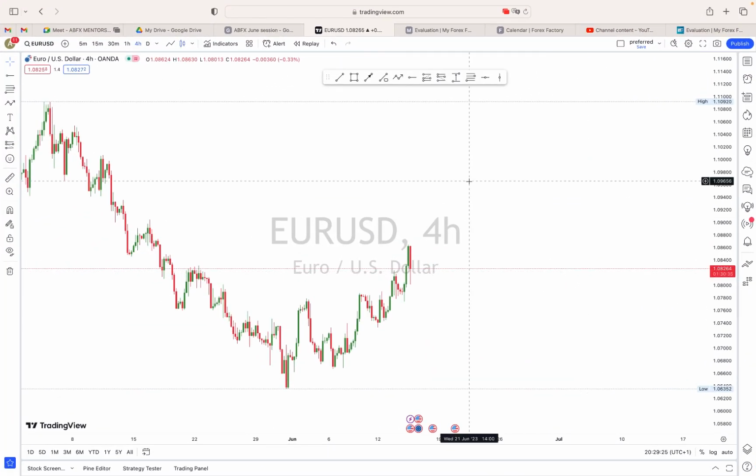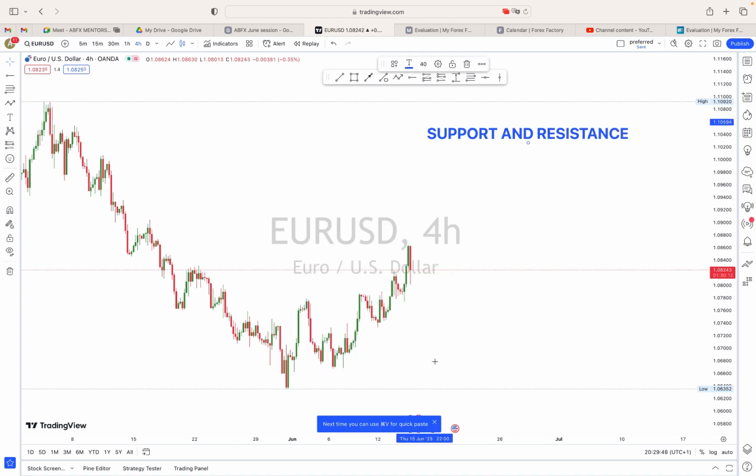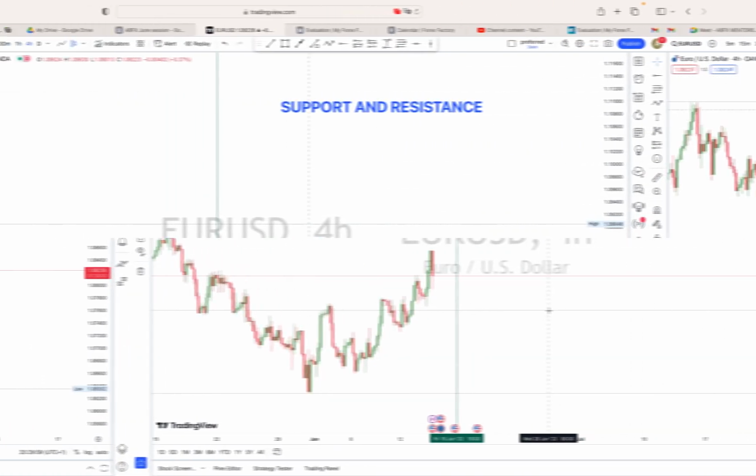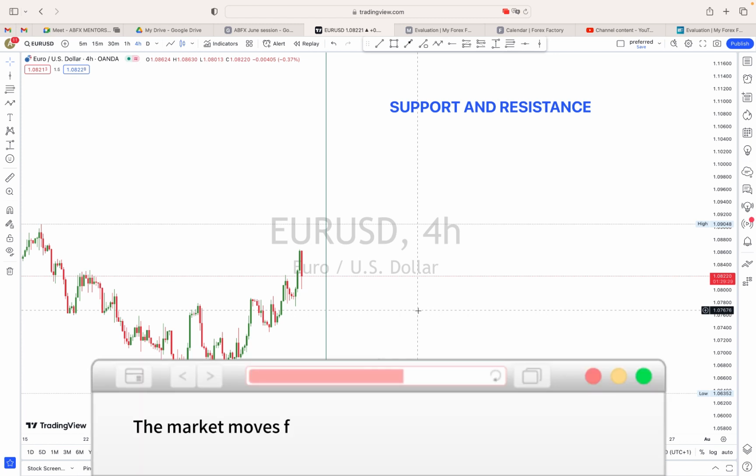So as I said, we're going to be doing the concept of support and resistance, right? The way the market actually works is that it moves from level to level. The market is always fighting to be at equilibrium.